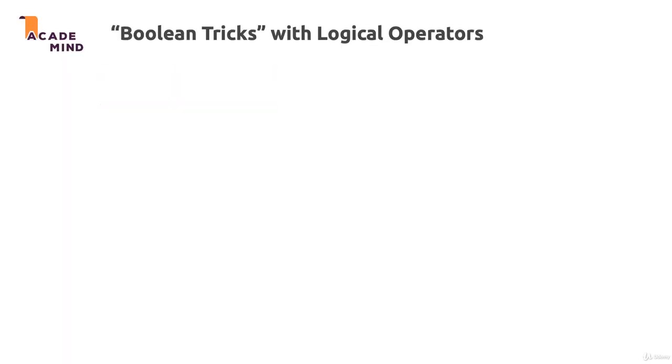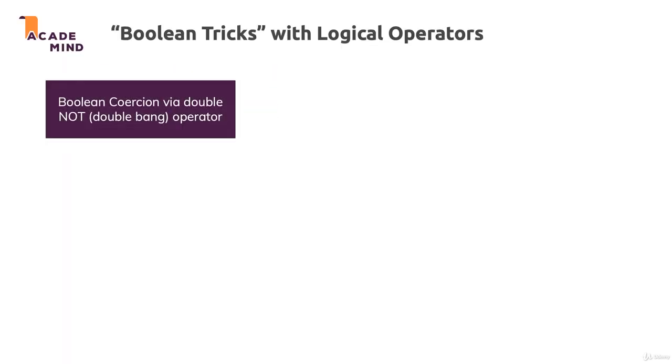One important trick is how you can convert or coerce a truthy or falsy value to a real boolean. You do this with the double exclamation mark, also called double bang operator. Now we learned about the exclamation mark operator, which is there to negate some condition or a value. And by using two exclamation marks, you basically negate the negation. The single exclamation mark already converts a truthy value into a real false value.